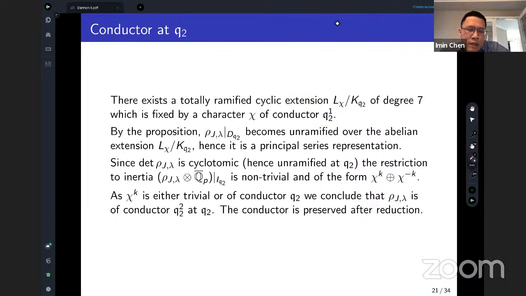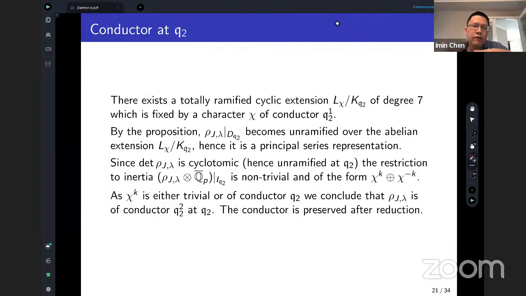Since it has ramification index 7, the hyperelliptic curve will have good reduction over this cyclic extension. That means that the restriction of the lambda-adic representation of J, where lambda is a prime above l not equal to 2, becomes unramified over an abelian extension.